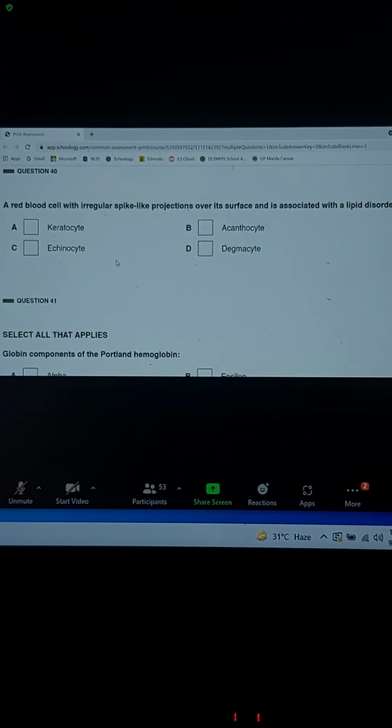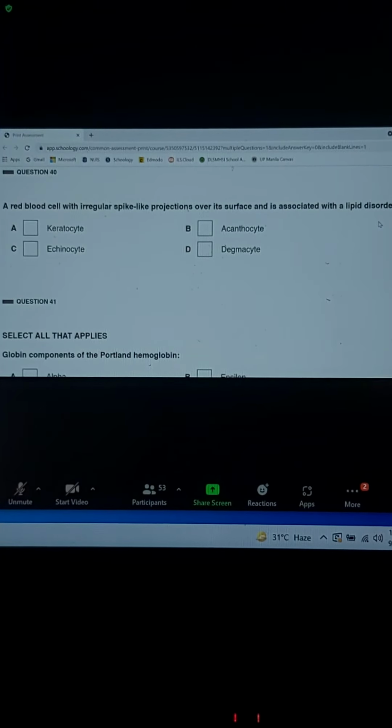Number 40, red blood cell with irregular spike-like projections over its surface and is associated with a lipid disorder. C. So anong tamang sagot?